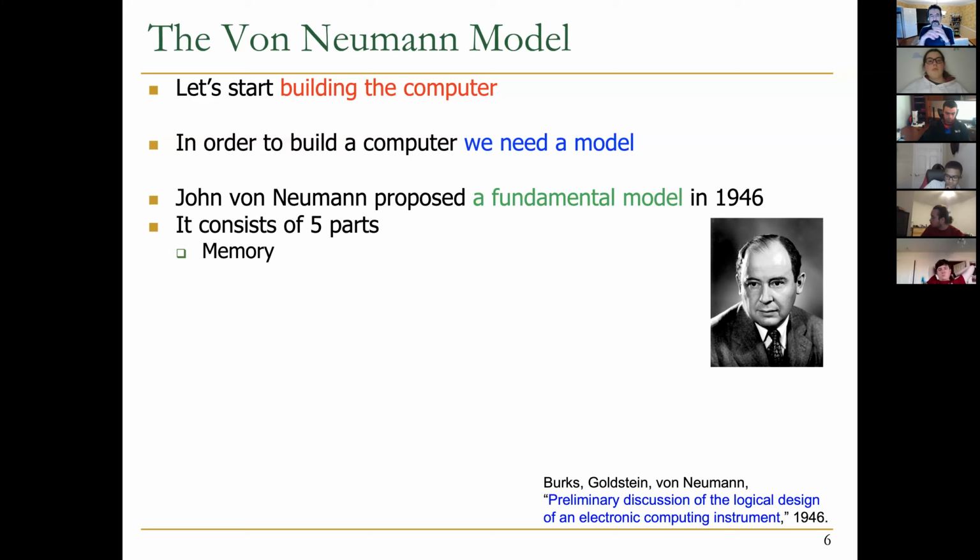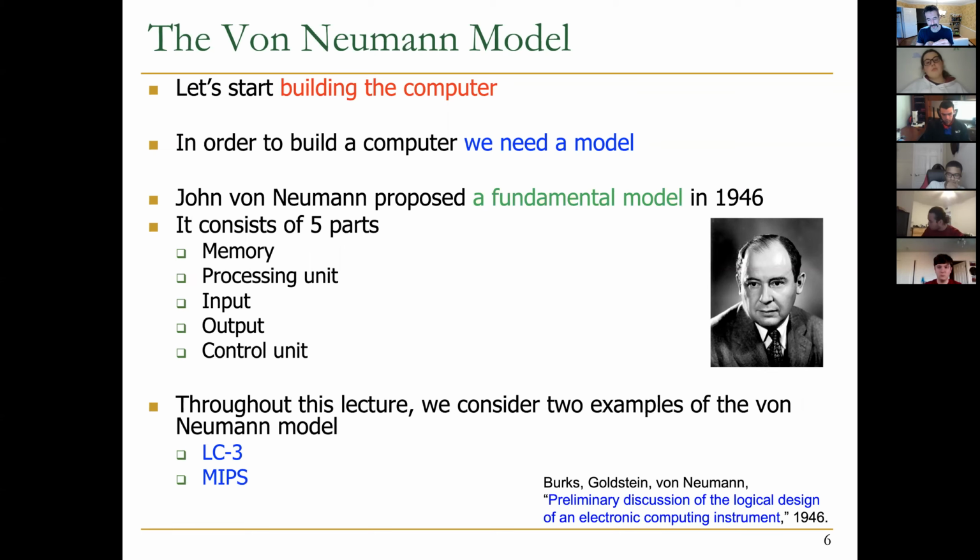So this model is really simple, and you are already familiar with it to some extent. It has five different parts: memory, processing unit, input, obviously output, and control unit. It consists of only these five parts.